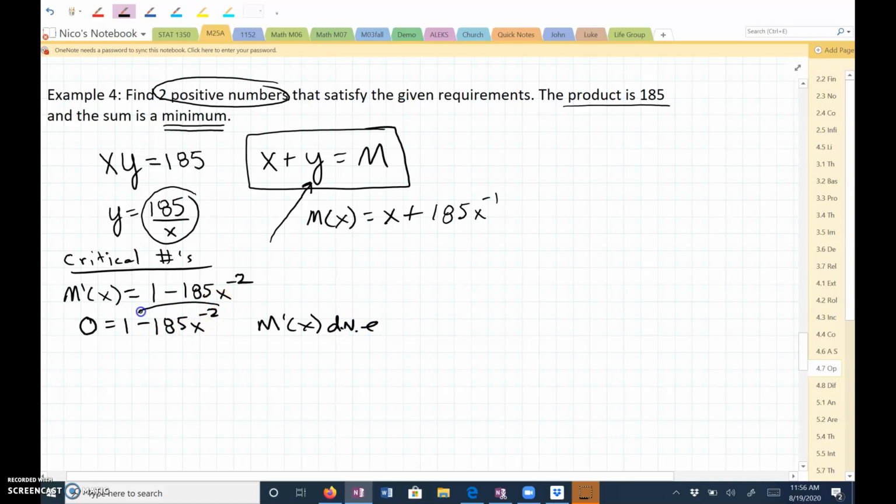So if I move the negative 185x to the negative second power to the other side, this would become positive 185x to the negative second equals 1. Then I can rewrite this as 185 over x squared equals 1 to take care of that negative exponent.